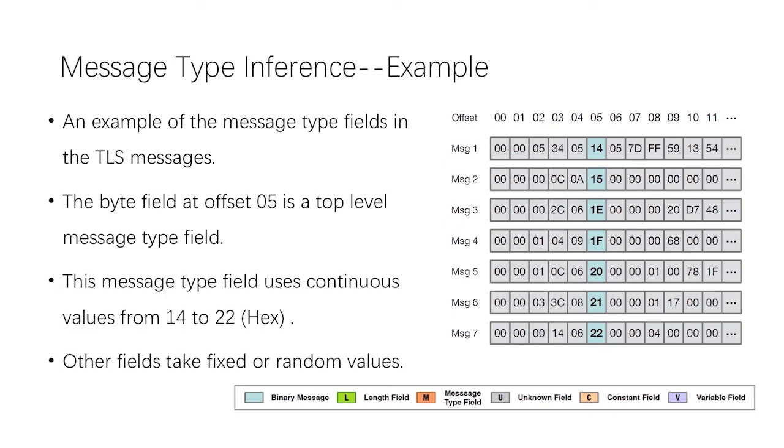In this example, the message type field uses continuous values from 14 to 22, while other fields take fixed or random values. This phenomenon only appears in the cluster where observed messages belong to the same superior format, and the message type field is used to distinguish different inferior formats.